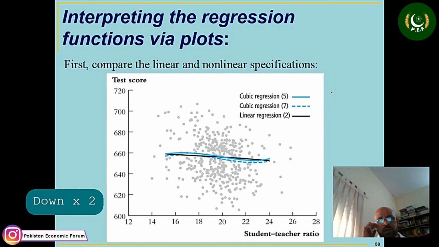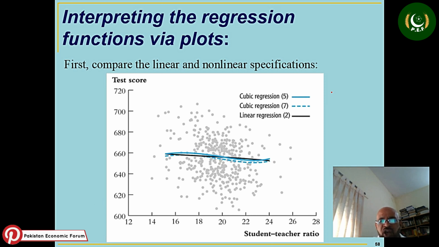Now if you look at cubic regressions 6, 5, 7 and linear regression 2, you see there is some sort of non-linearity and slight differences in the change in test score at different levels of student-teacher ratio.